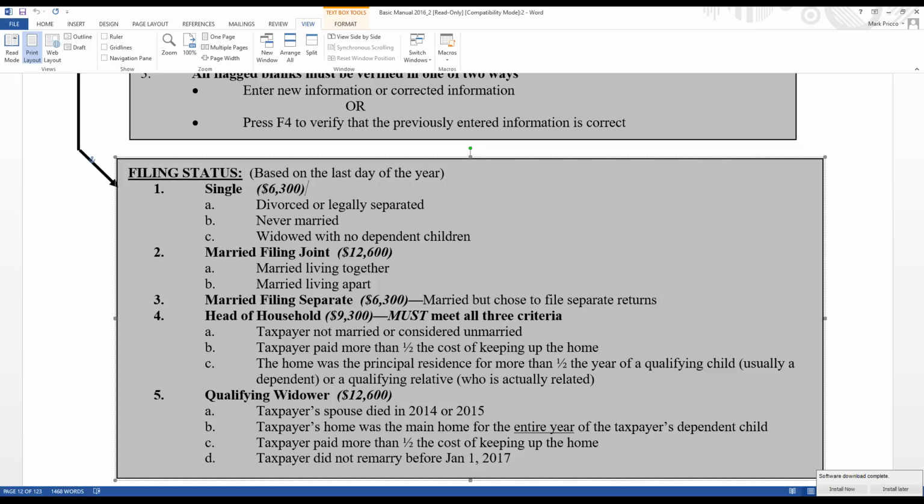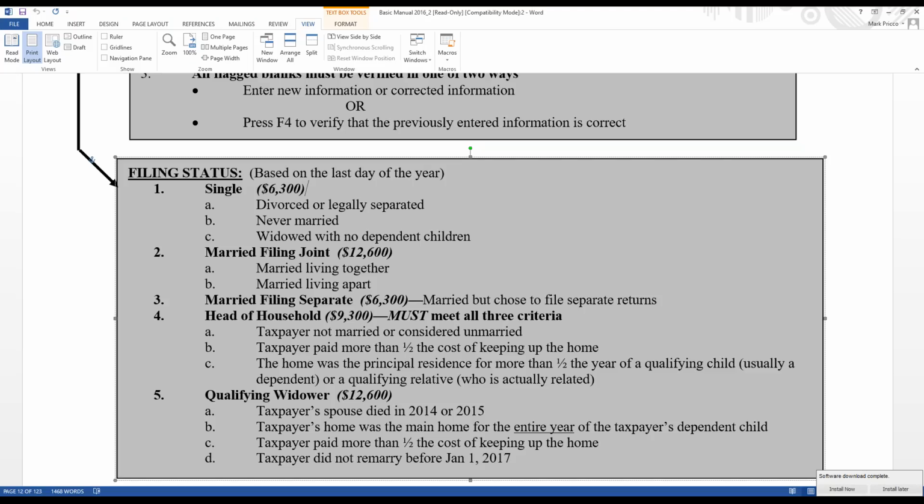I'm going to skip head of household just for a second because it's the most complicated of the filing statuses. Go down to number 5, qualifying widower. What that means is your spouse died, so they were filing a joint return. Your spouse dies. You still typically have children living with you. So the very first year when that spouse died, say the spouse died in 2016, then they can still file a joint return in 2016, even though that spouse isn't there to sign.